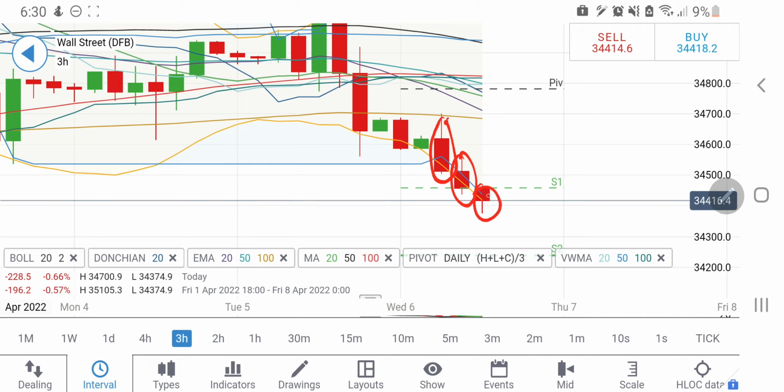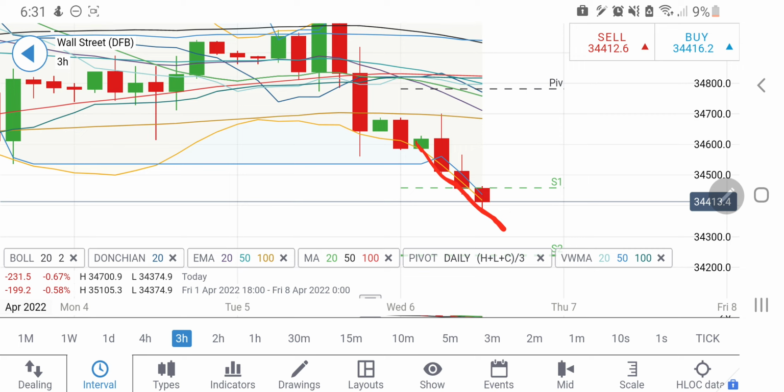So possibly if it breaks here at 460, 470, you can expect that it is going to give you a little reversal. 34500 is a major resistance. Beyond 34500, one can definitely expect that it is going to hit 34600 levels for sure. So trade with caution here. Don't try to take a position.